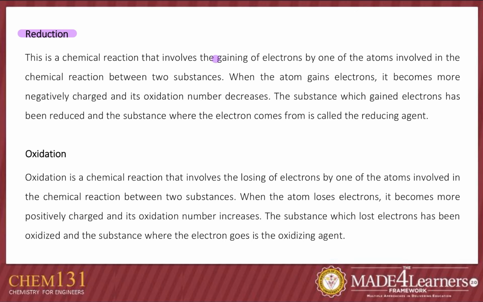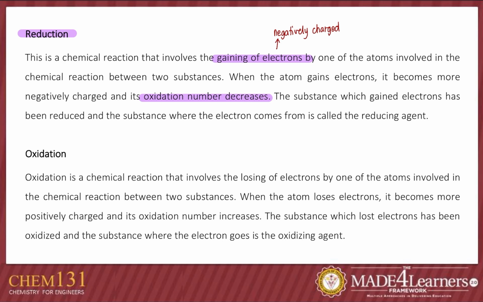In reduction, there is a gain of electrons by one of the atoms involved in the chemical reaction between two substances. If it gained electrons, we must remember that electrons are negatively charged. So if it gains an electron, what will happen to the charge? It becomes more negatively charged, and therefore its oxidation number will decrease.